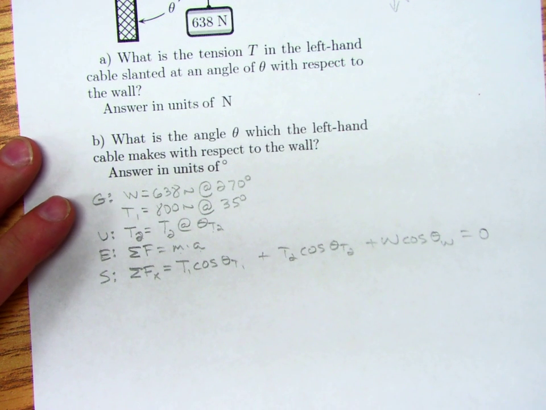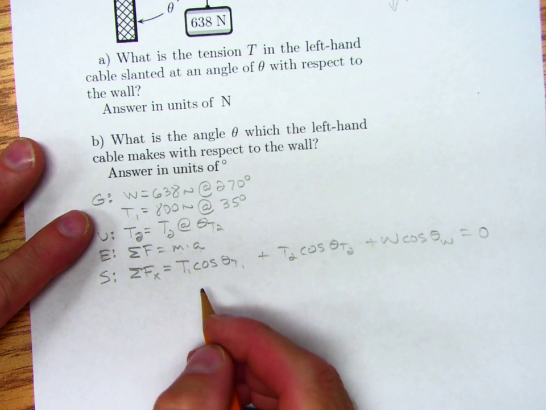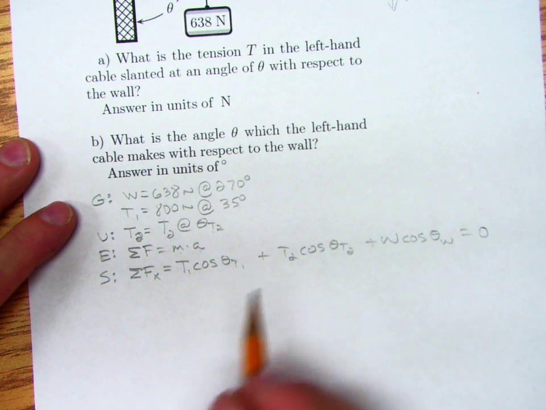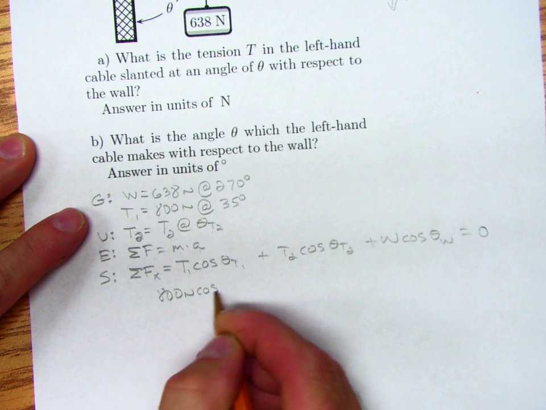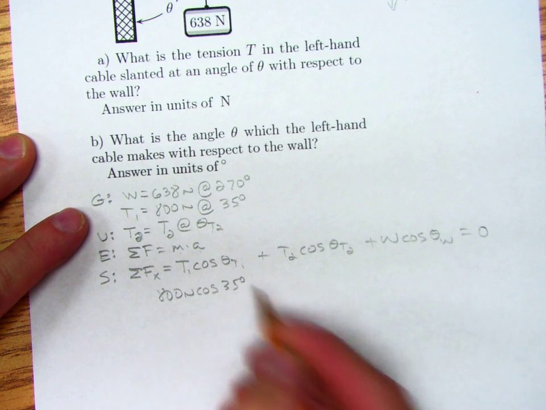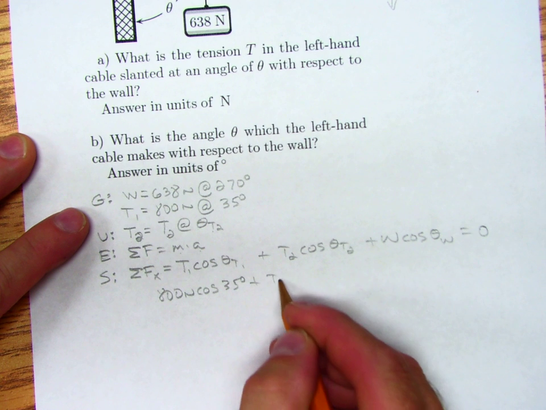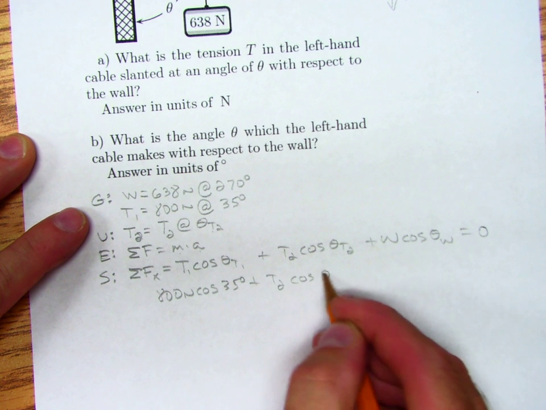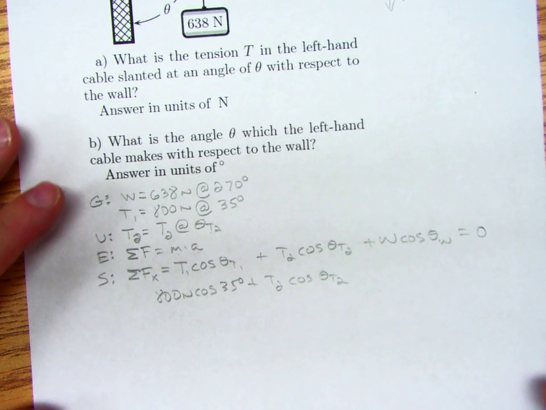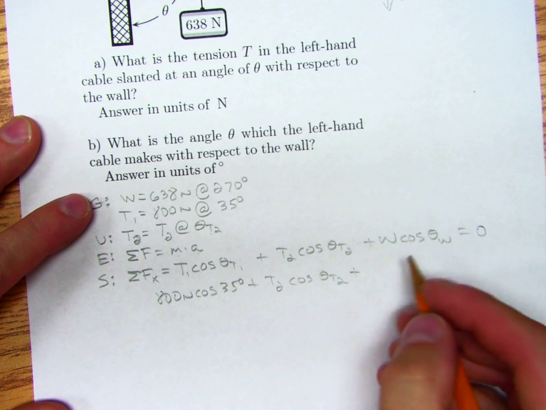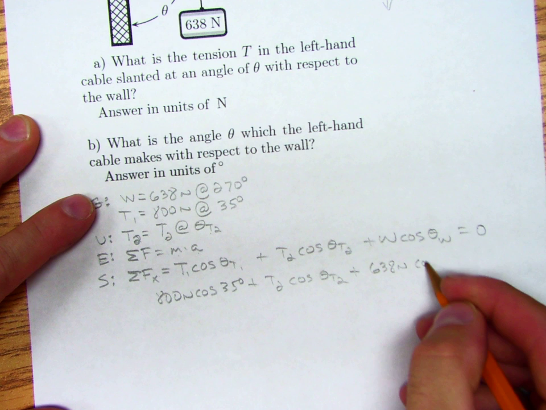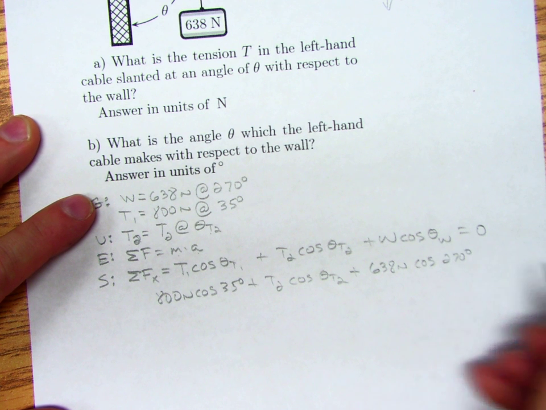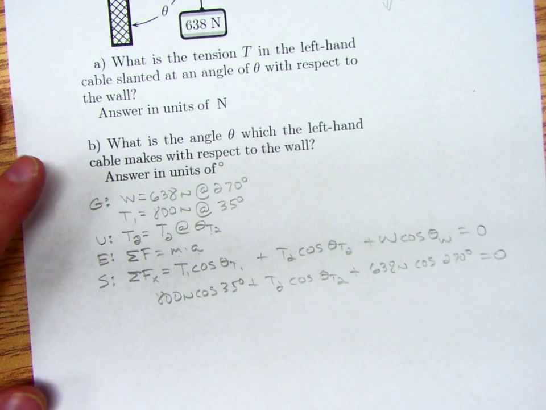Right off the bat, if I put the numbers in, I have 800 newtons times the cosine of 35 degrees plus T2 cosine of theta T2 plus the weight, which is 638 newtons, times the cosine of 270 degrees. Many of you already know what that is.